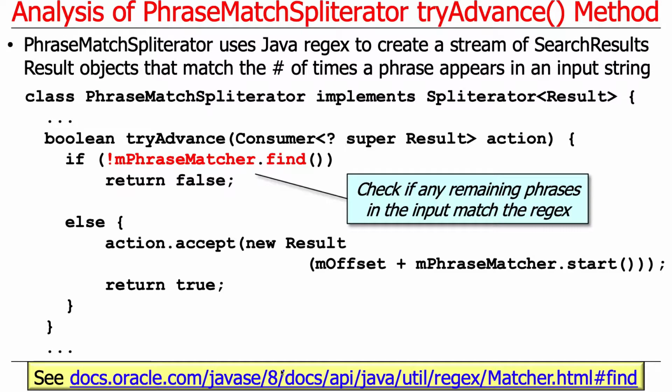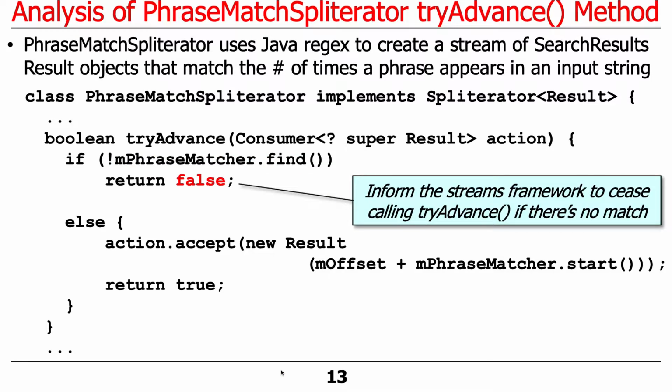We then check to see if there are any phrases remaining in the input. And the phrase matcher is stateful, so it remembers where it left off. So the first time you call it, it'll search in the string to find a regular expression match, if any. If it doesn't find one at all, it'll return false.